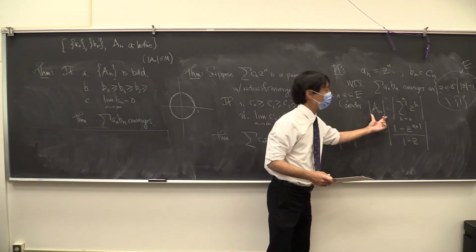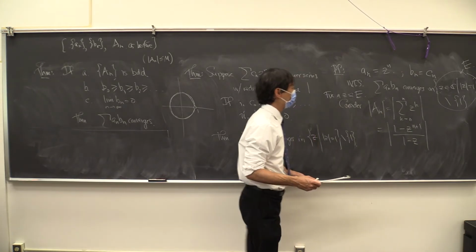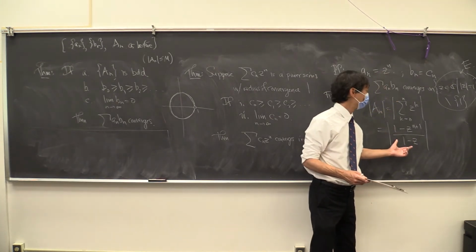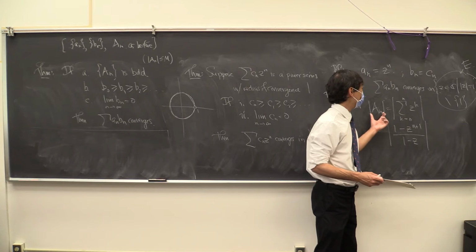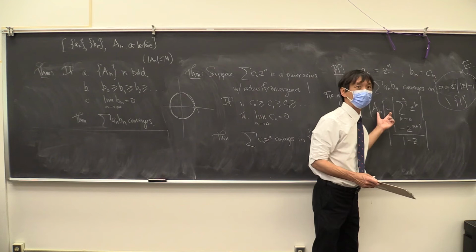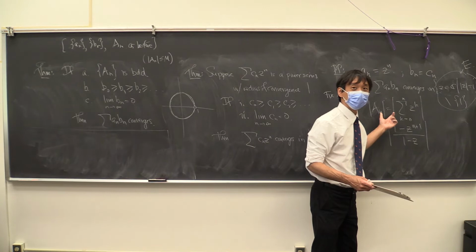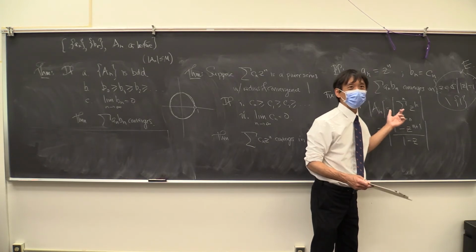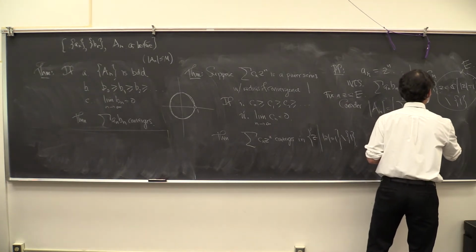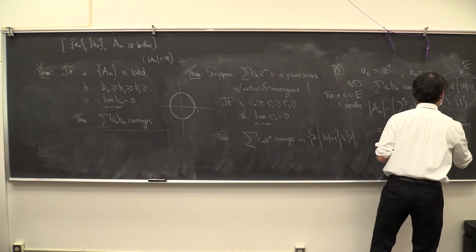Well, in order to do that, we have to show that this thing is bounded. So why is this bounded for all n? Nobody? We can use the triangle inequality. We say this is smaller than 1 plus this thing over this thing.